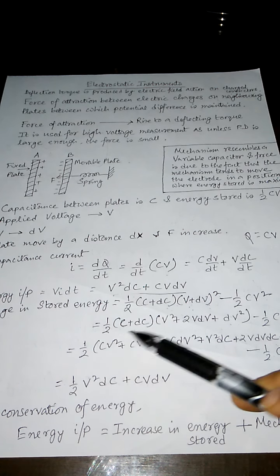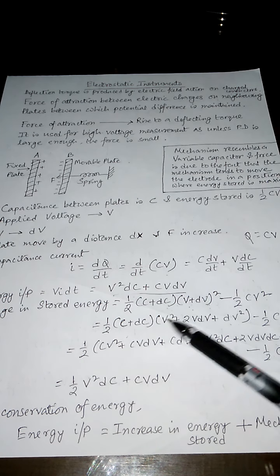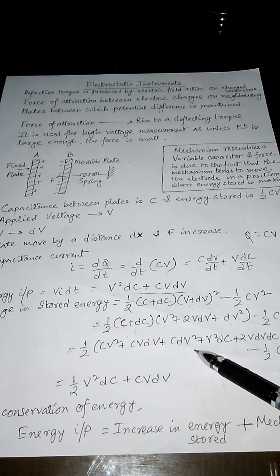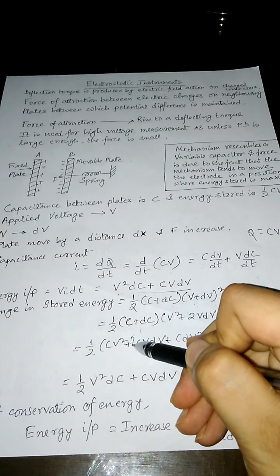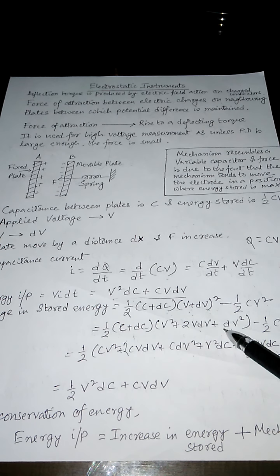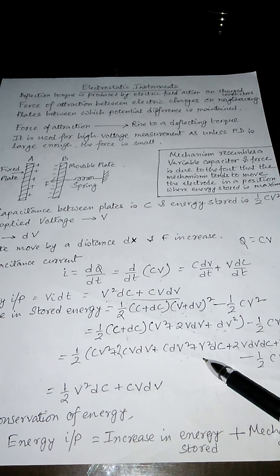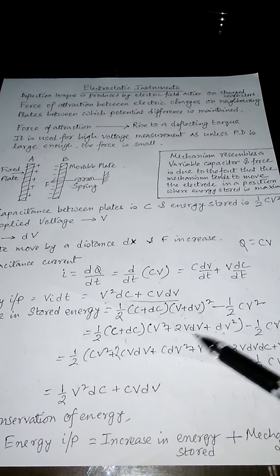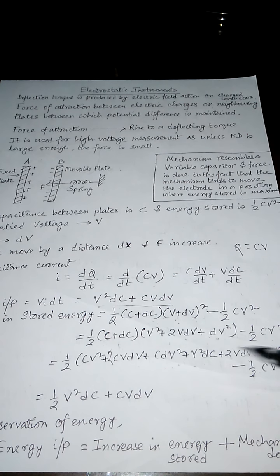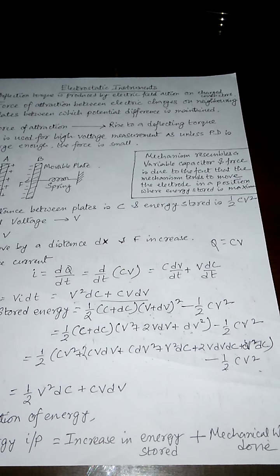Now we do the multiplications: C V square, then 2 C V dV, then C dV square, then dC V square, then 2V dV dC, and then dC dV square.